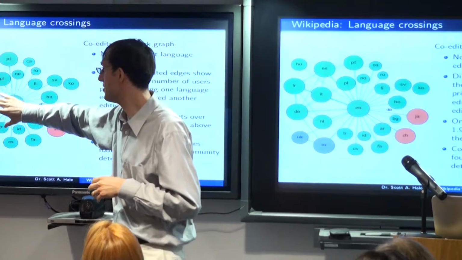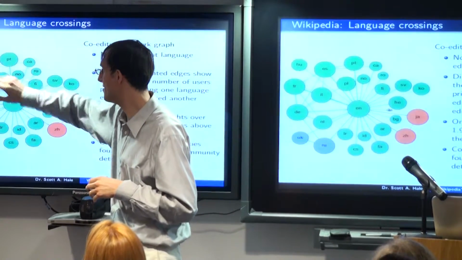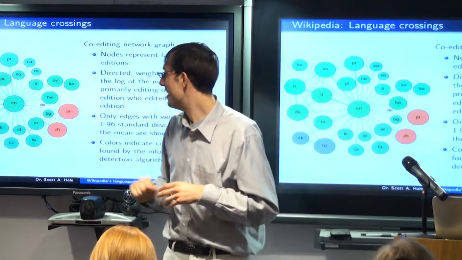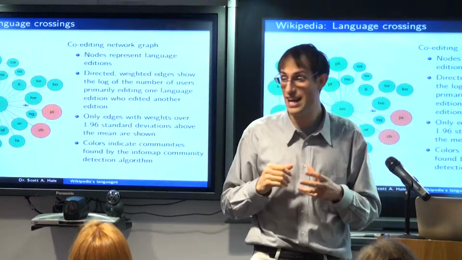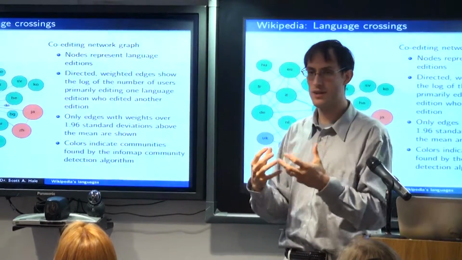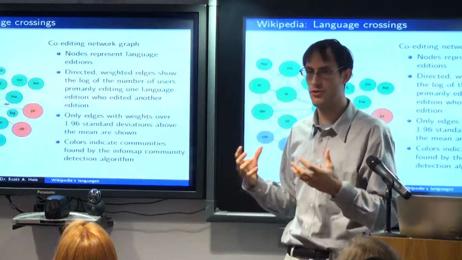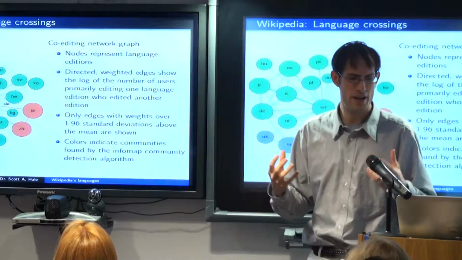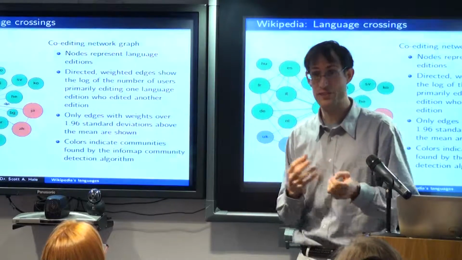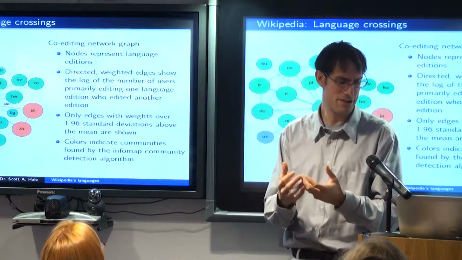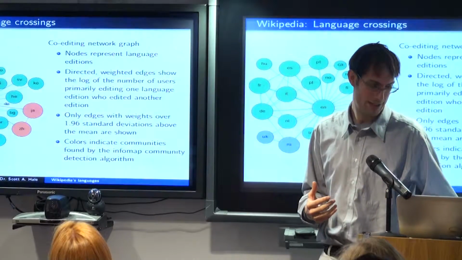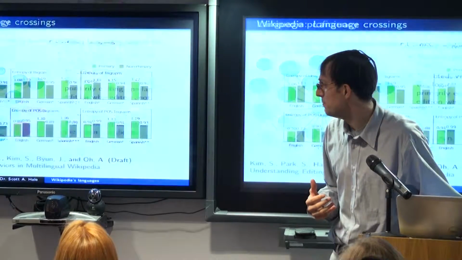The Romance languages here are also pretty well connected. French, Spanish, Portuguese, Italian are all connected there as well. So there are pathways, and this graph also reflects a lot of the geolinguistic similarities, languages that are either similar to each other or where there's a lot of bilingualism offline. So we're seeing that as well in the data.